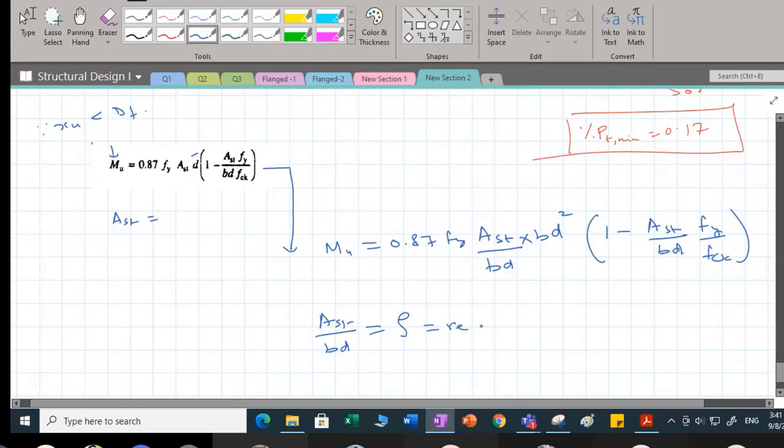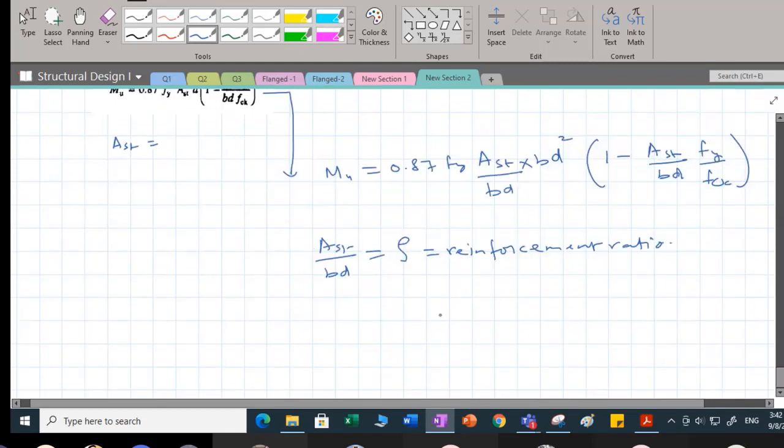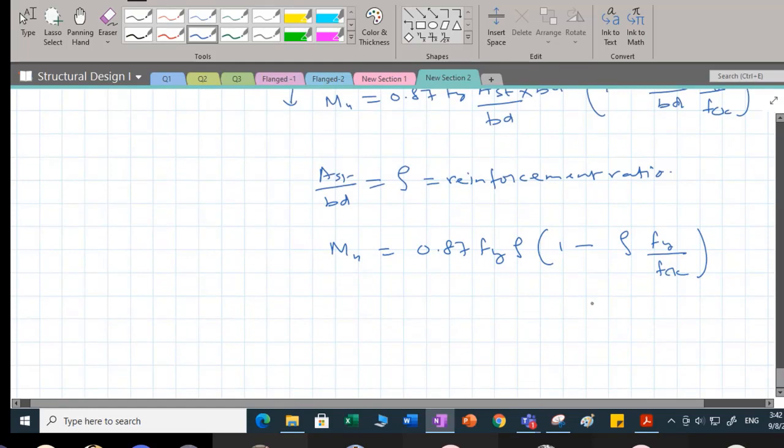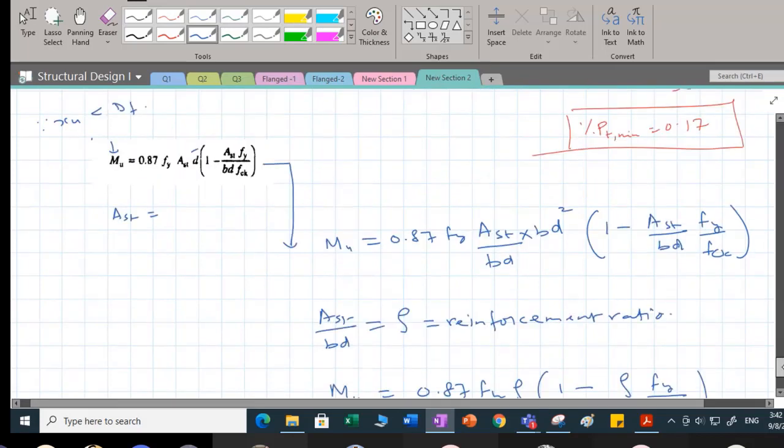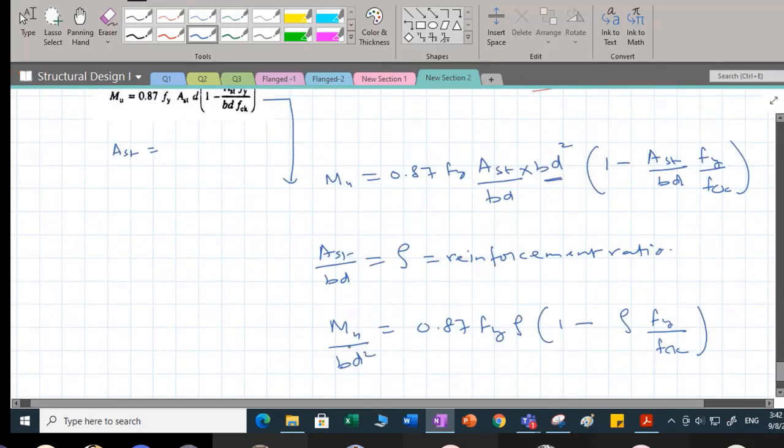This is not a percentage reinforcement, it is reinforcement ratio. So if you do this, you will get Mu equal to 0.87 Fy rho, 1 minus rho Fy by FCK. And of course, here you can bring your BD square downward.